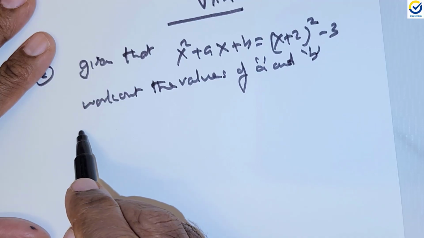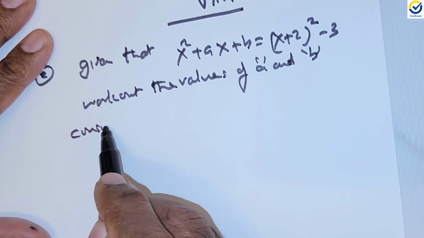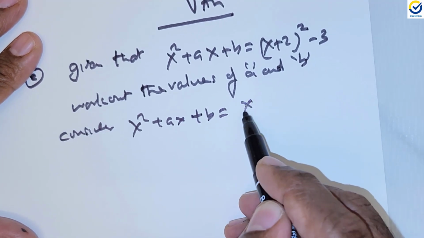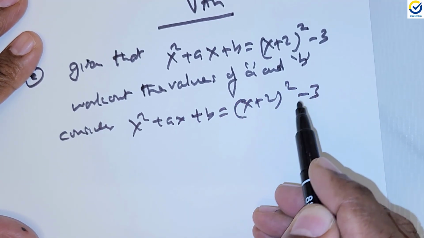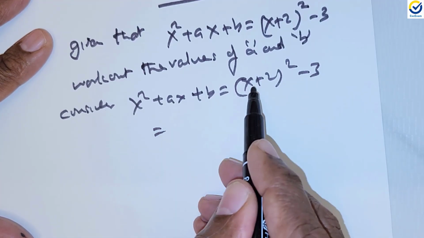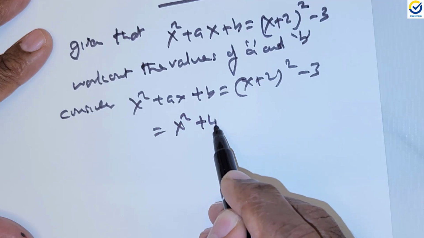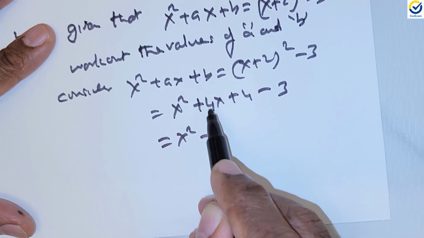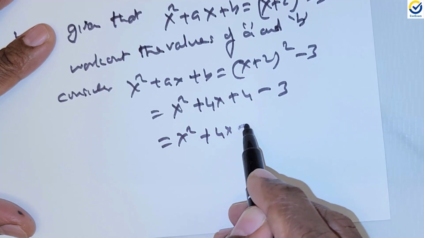So we consider x squared + ax + b is equal to (x + 2) the whole squared - 3. We expand this. So this is going to give me x squared + 4x + 4 - 3, which is nothing but x squared + 4x + 1.